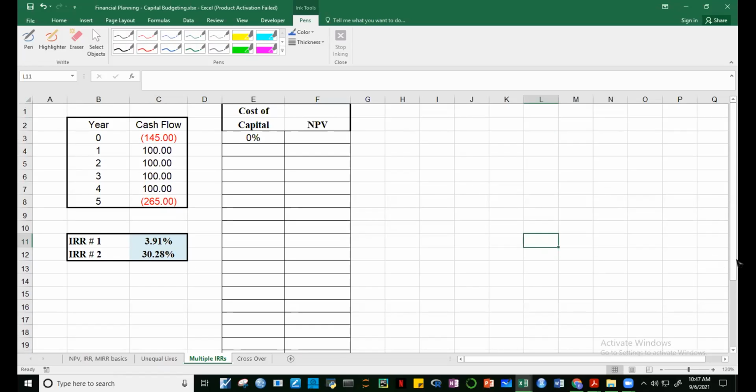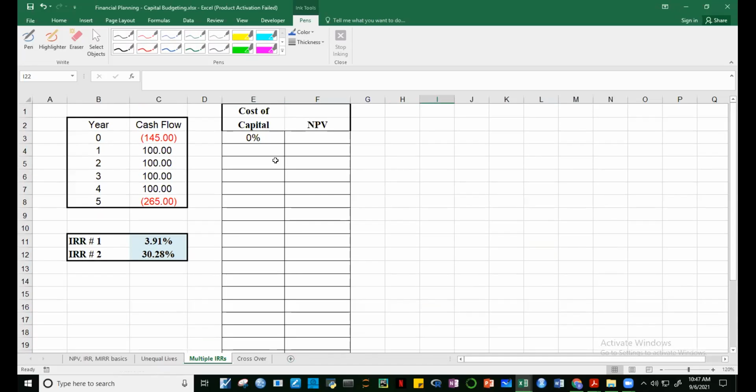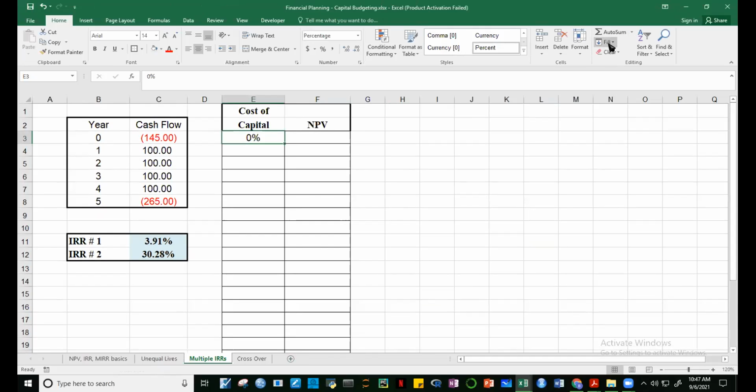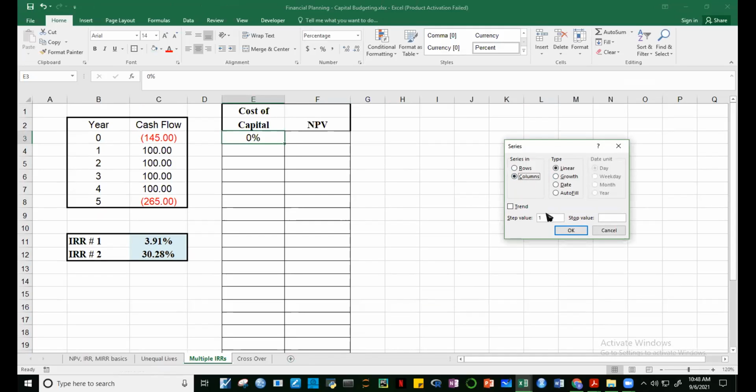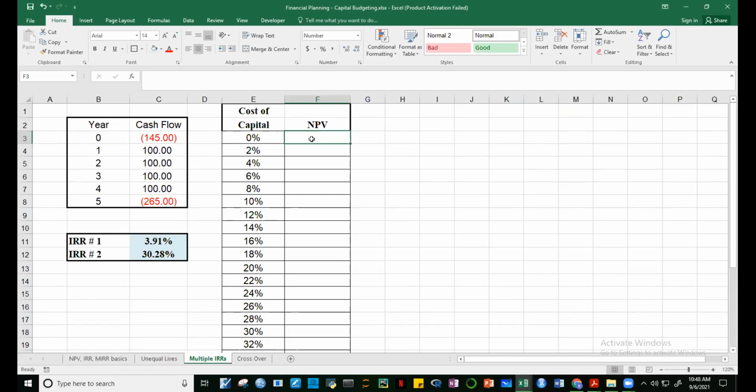So let's put here, guys. Ito na lang dito, increments of 2 hanggang, lagyan natin hanggang 50%, no? So home, fill, series, columns, step value 2% hanggang 50%. Okay. There. So kunin natin NPV is equal to NPV.